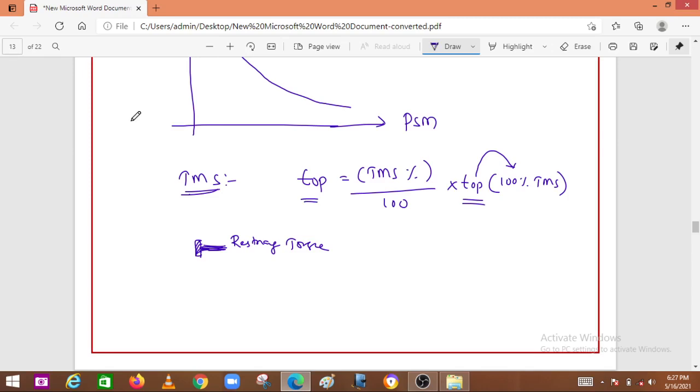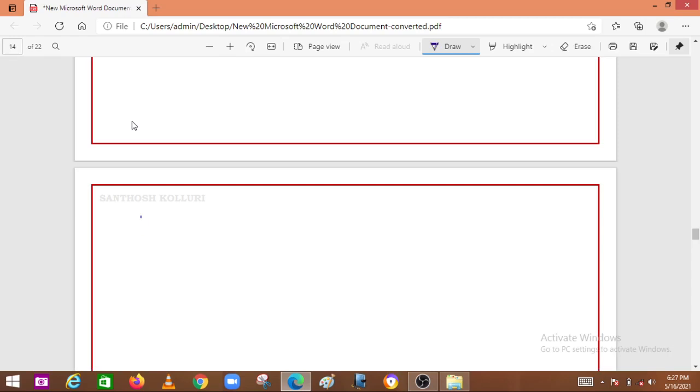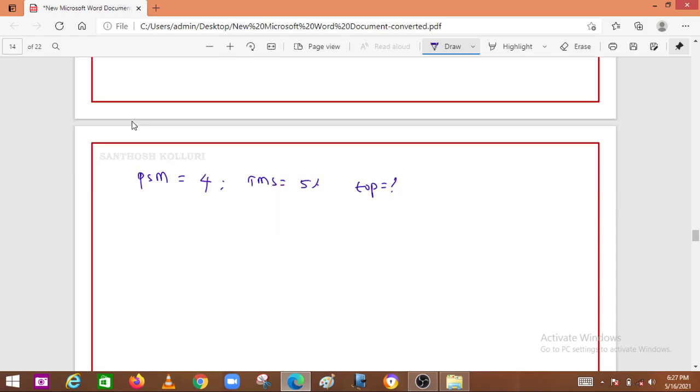So for example, if the plug setting multiplier is 4 and the time multiplier setting is 5%, then what is the operating time? T operating time is equal to TMS in percentage divided by 100 into the operating time when the TMS is 100%, let us take it as 1.